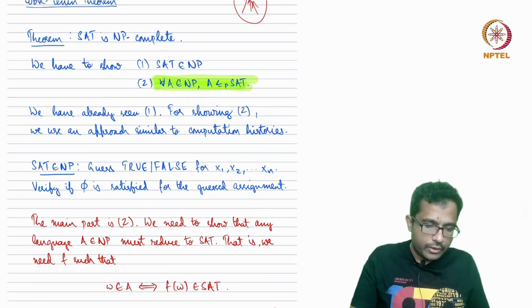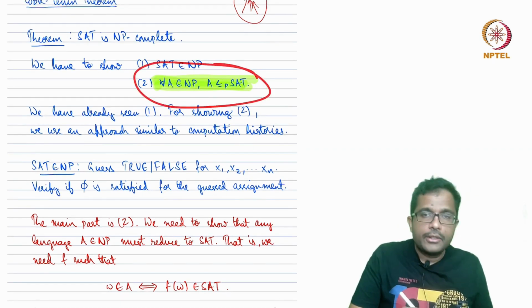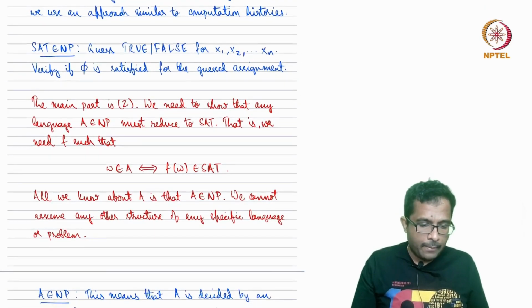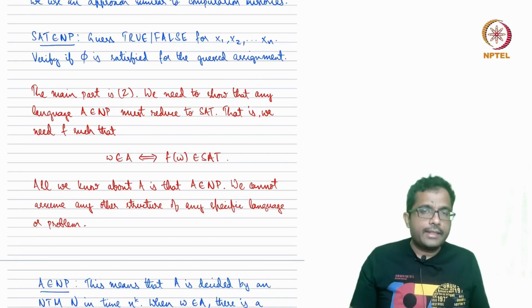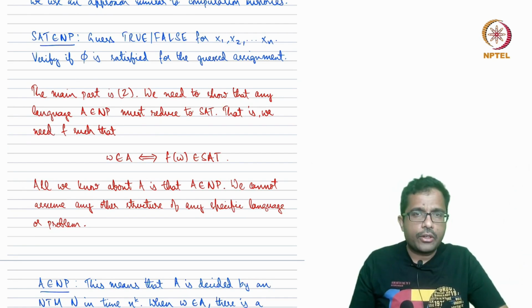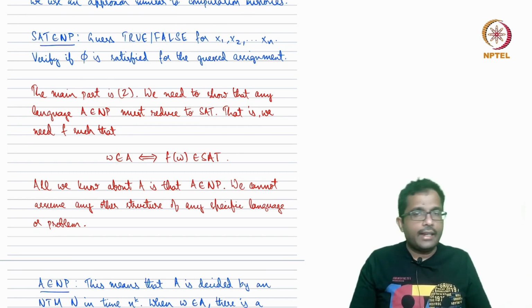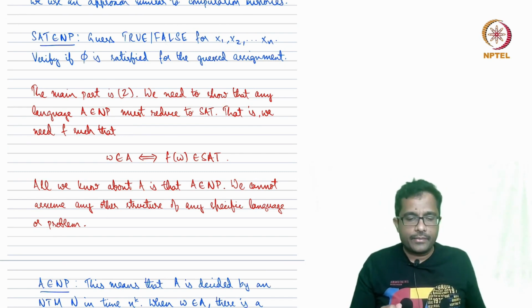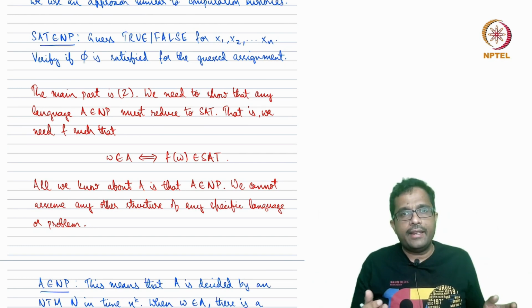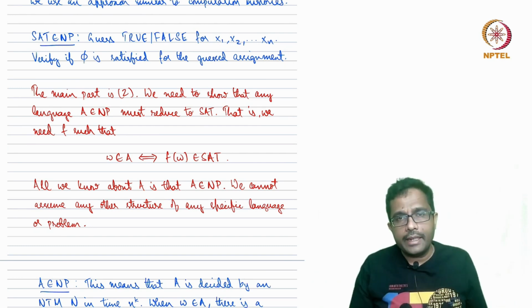Now let us focus on the second part of the proof, to show that all languages in NP are reducible to SAT. We saw one reduction in one of the previous lectures, where 3SAT reduces to clique, but there we knew it was a 3SAT instance and we had to get a clique instance. Here we have to deal with some abstract language A, and we have to show that A reduces to SAT.